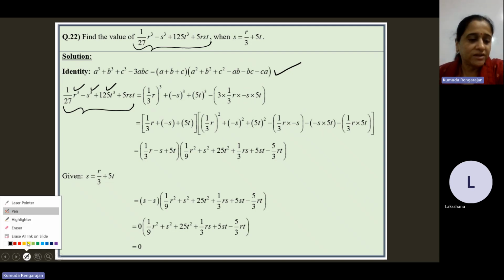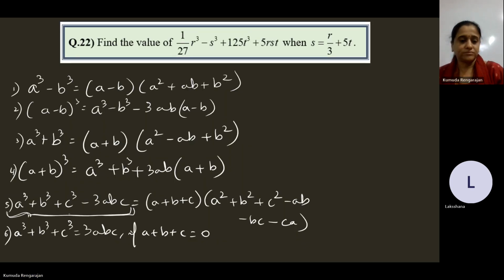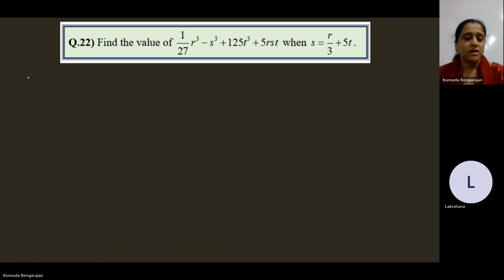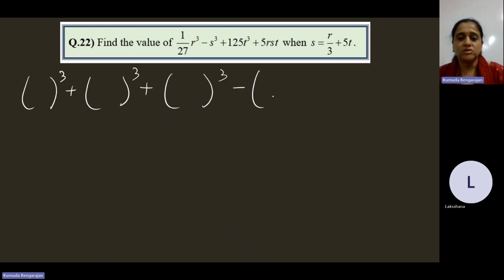So use empty brackets: A cubed plus B cubed plus C cubed minus 3 into A into B into C. There are 4 terms, right? So 3 perfect cubes, A cubed plus B cubed plus C cubed minus 3ABC.